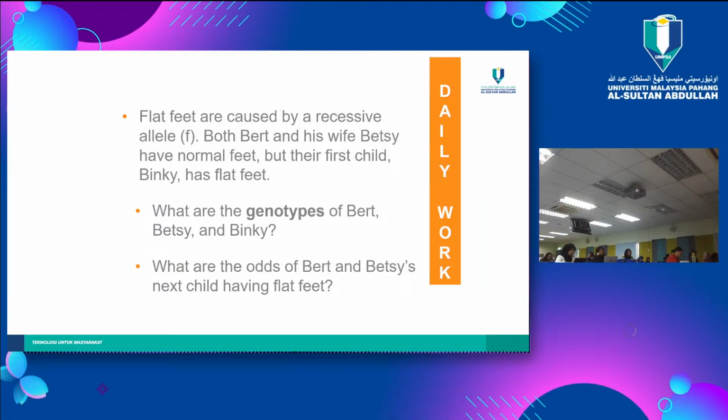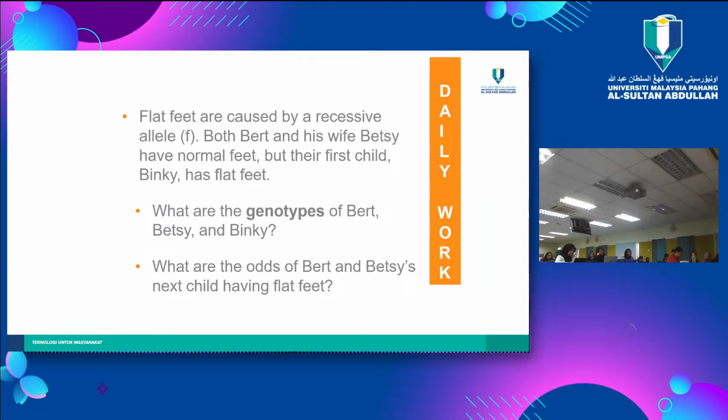So this can't be true. Betsy and Bert do not have flat feet, so that means it is either homozygous dominant or heterozygous. So it can't be ff in either of them.